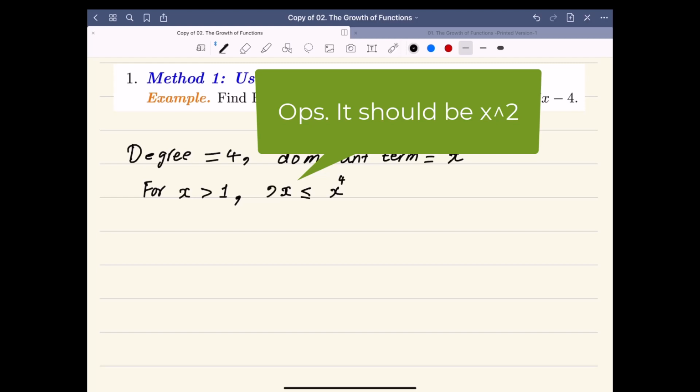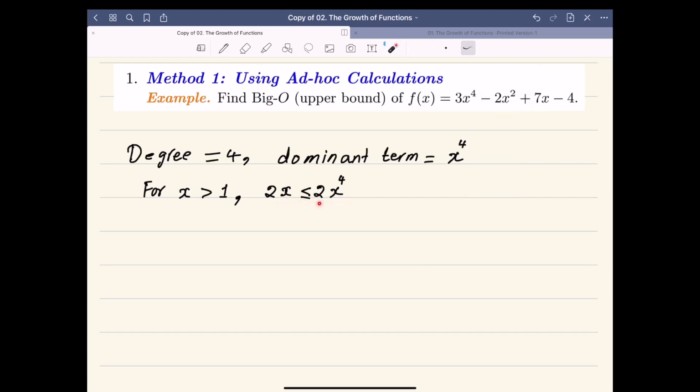Now, if you multiply both sides by 2, then 2x squared is always less than 2x raised to power 4. Now, let's go for the other term, which is 7x. You know that x is always less than or equal to x raised to power 4, assuming that x is positive. Then you can multiply both sides by 7, so 7x is less than or equal to 7x raised to power 4.